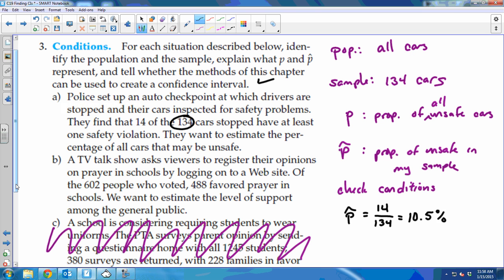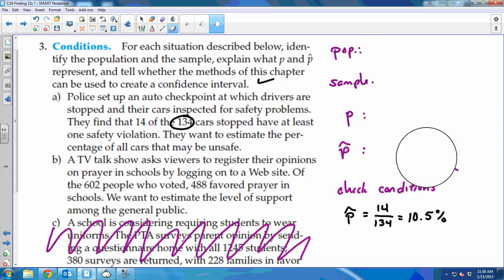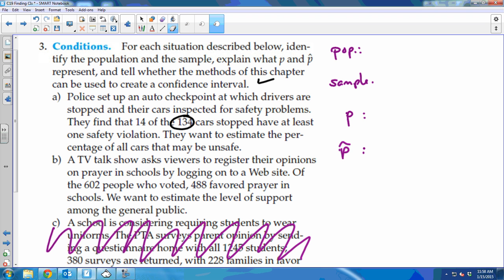On part B, it says a TV talk show asks viewers to register their opinions on prayer in schools by logging onto a website. Of the 602 people who voted, 488 favored prayer in schools. We want to estimate the level of support among the general public. So who's the population? The general public. Who's in our sample? The 602 people that responded.